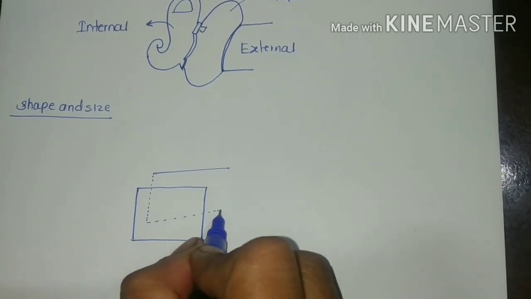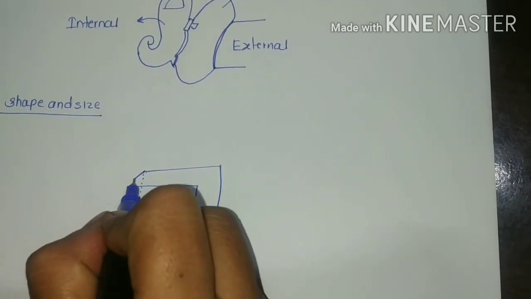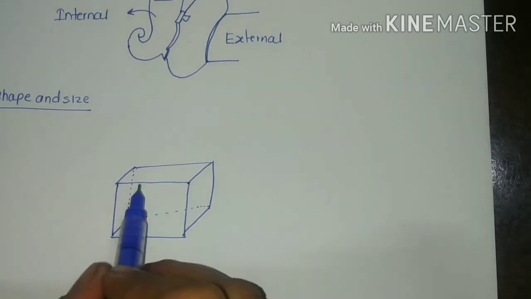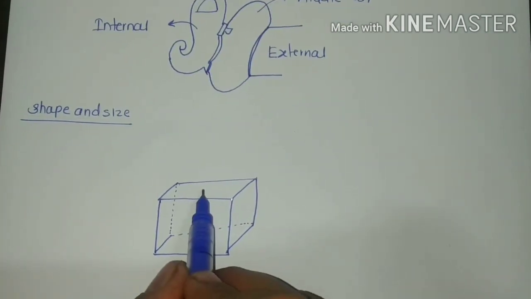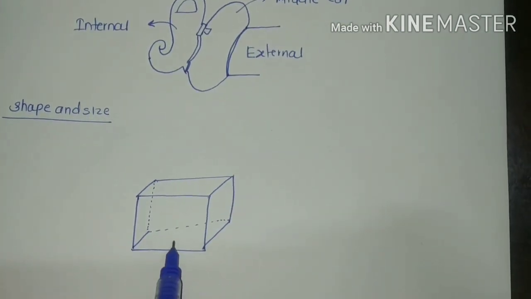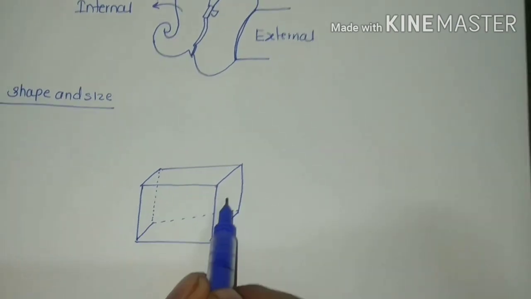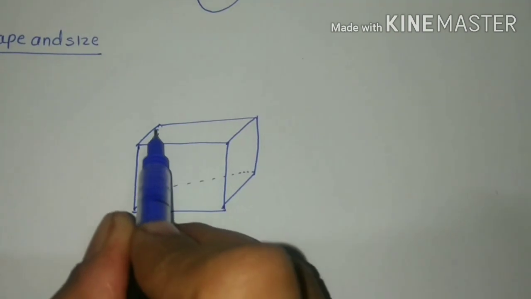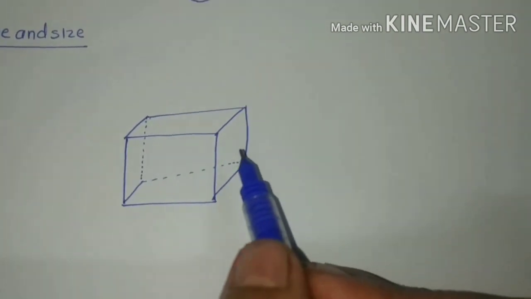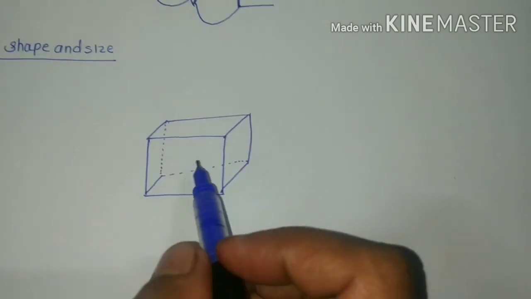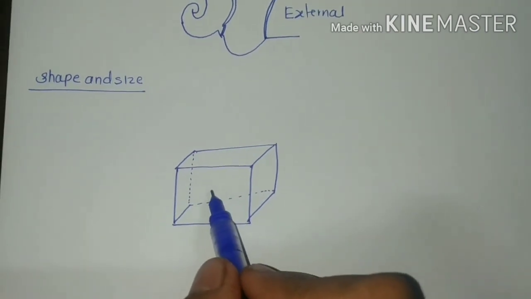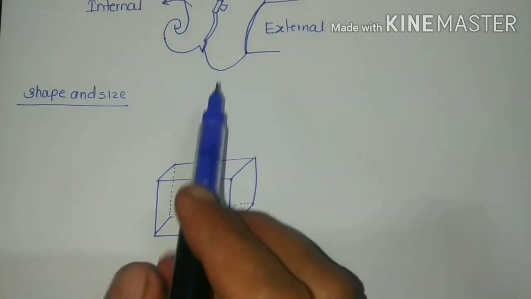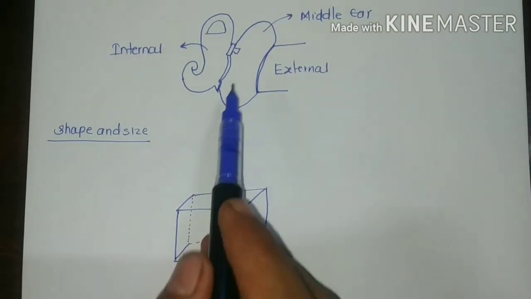Now here, suppose this is the middle ear: this is the roof of the middle ear, this is the floor, this is the anterior wall, this is the posterior wall, this is the lateral wall and this is the medial wall. From this you can see that its medial and lateral walls are large, but the other walls are narrow, and it is compressed from side to side.